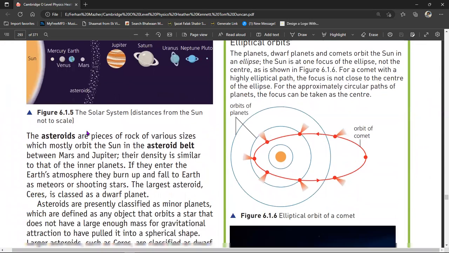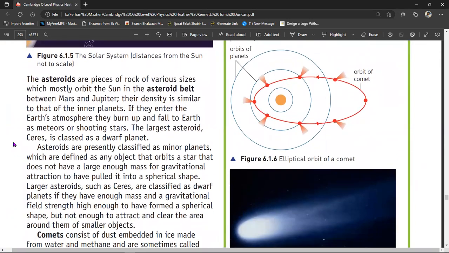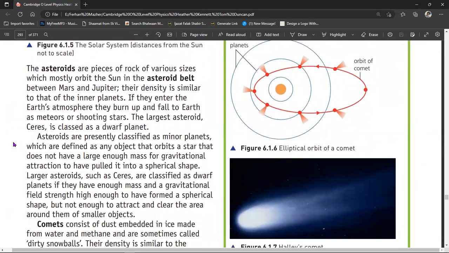Their density is similar to that of the inner planets.